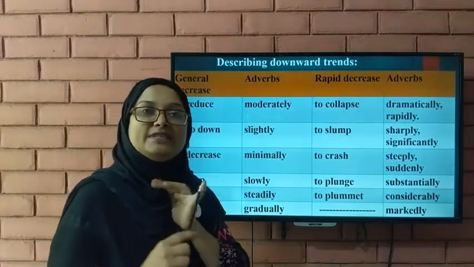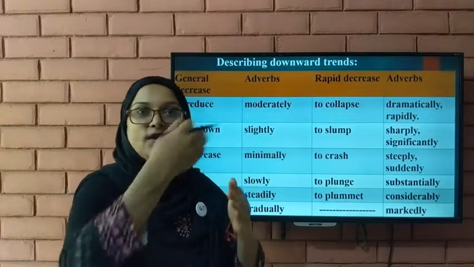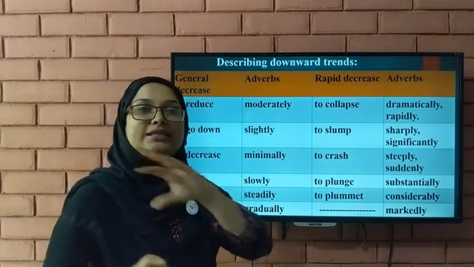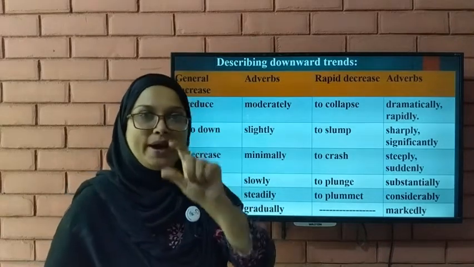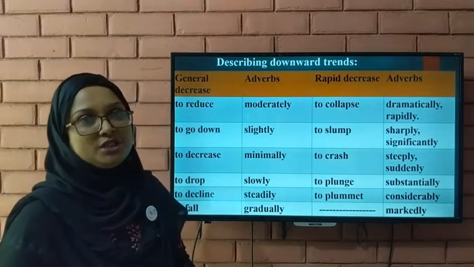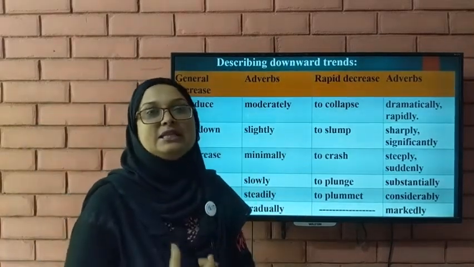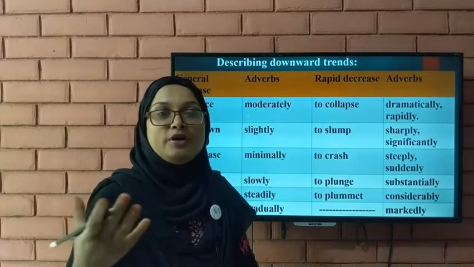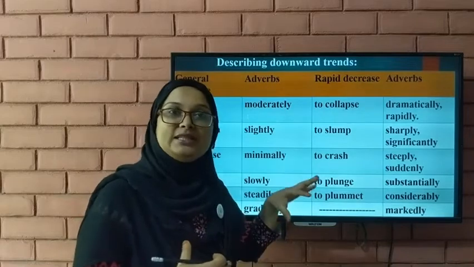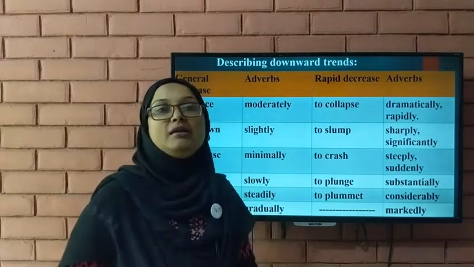And then we have seen how it is described, how it is written, and what the steps are, and we have elaborately described through the paragraph what can be written in a graph or a chart. And I have also provided you some vocabulary, some verbs and adverbs, so that using these verbs and adverbs you can express your idea very clearly.